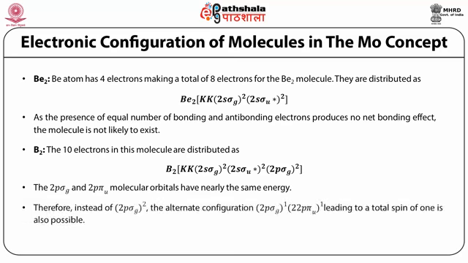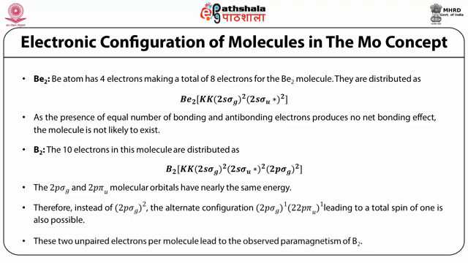Therefore, instead of 2p sigma g square, the alternate configuration 2p sigma g 1, 2p pi u 1, leading to a total spin of 1, is also possible. These two unpaired electrons per molecule lead to the observed paramagnetism of the boron molecule.